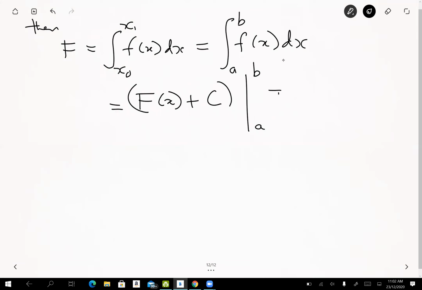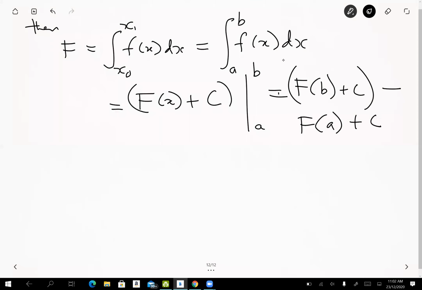Now, what is it equal to? How do you evaluate? You take the difference. So that will be equal to F at B plus c, take away the value of the integral at the first point plus c. And then you can find that c will cancel out.